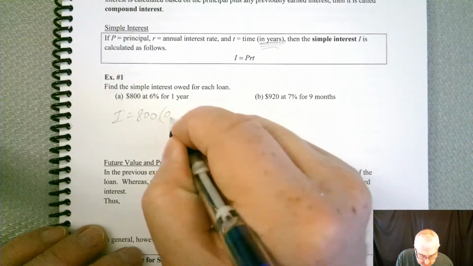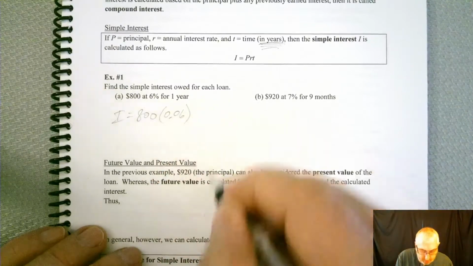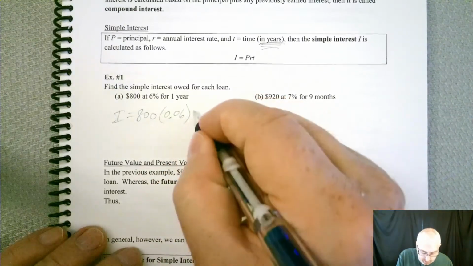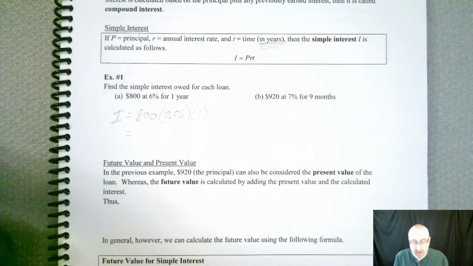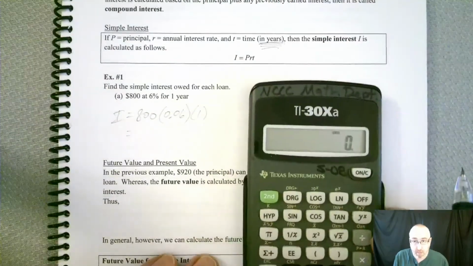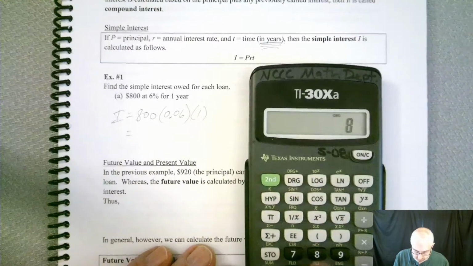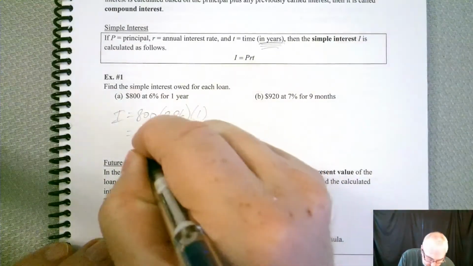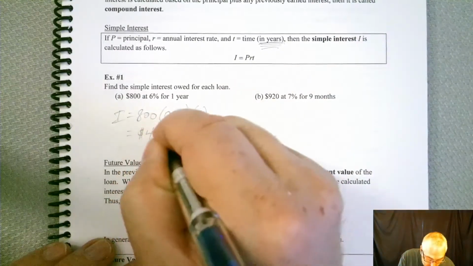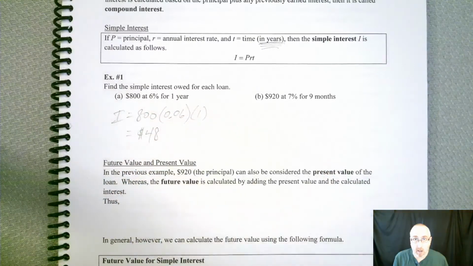So in this case, we're going to write 0.06, and then we're going to times that by 1, which doesn't change it. If we multiply all that out, we should get 48 bucks, but let's double check. 800 times 0.06 times 1 equals 48. So it is $48. And again, units are important. This is all money, so don't forget your units.